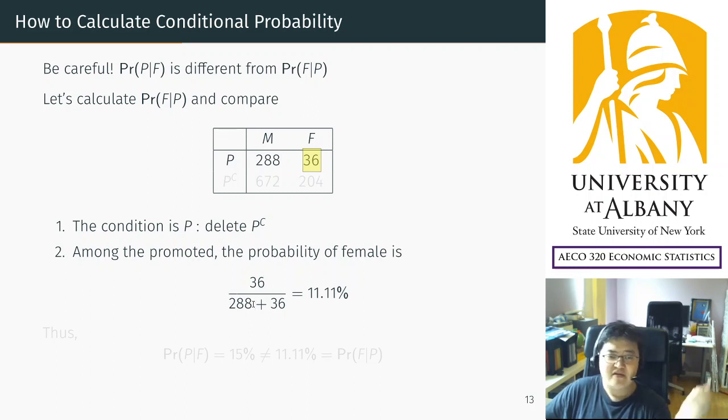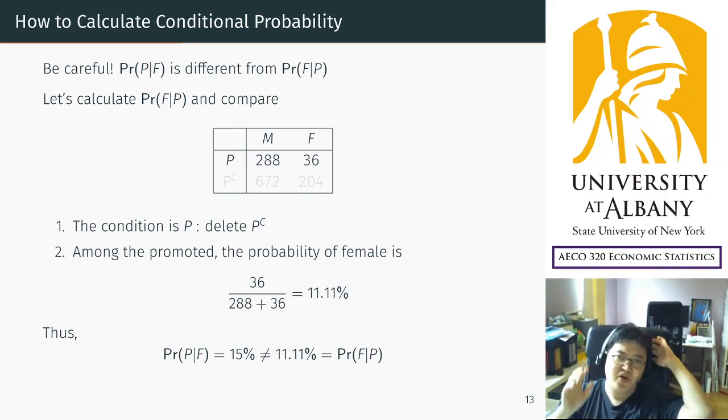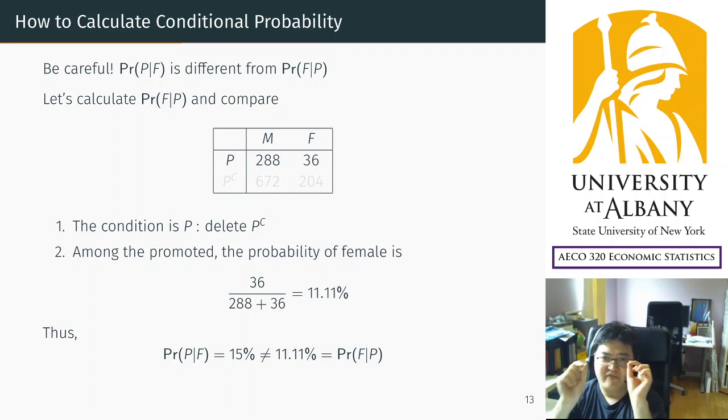If you do the math, it is 11%. So clearly different. So probability of P given F is different from probability of F given P. So changing the order is not safe. Be careful when you switch the roles between two events. They are totally different.